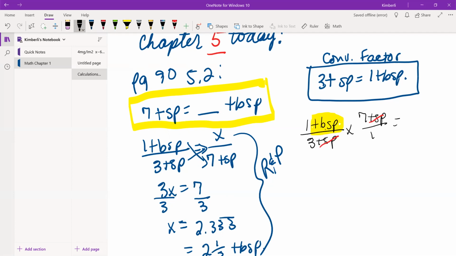So now we can multiply across the top. 1 times 7 is 7. 3 times 1 is 3. 7 over 3. So in this one little thing, we've gotten all the way down to this section here. We've already gotten to the 7 over 3. And now we can just plug that into our calculator, and we're going to get the same thing, 2 1/3. Okay, so that gives us the same answer, 2 1/3.